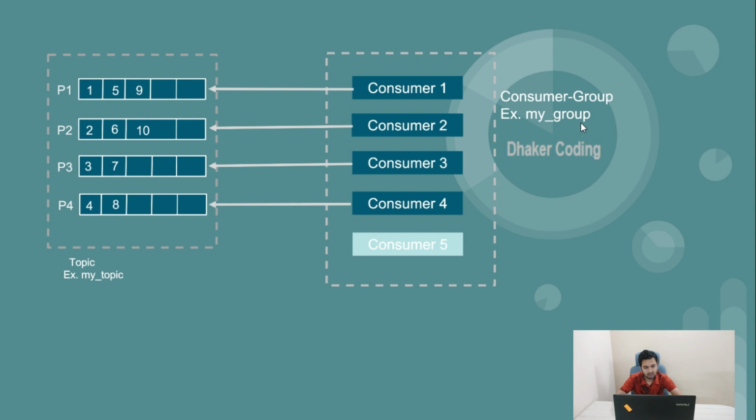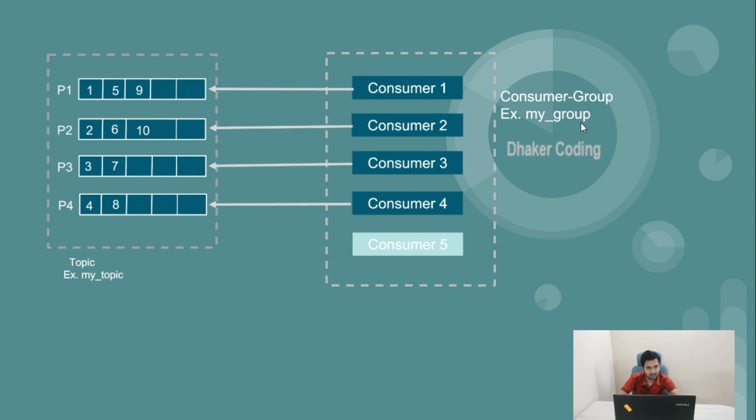Now if consumer one is removed, consumer 5 becomes active and reads data from the partition where consumer one left off. How does consumer 5 know the last offset consumer one read or committed?